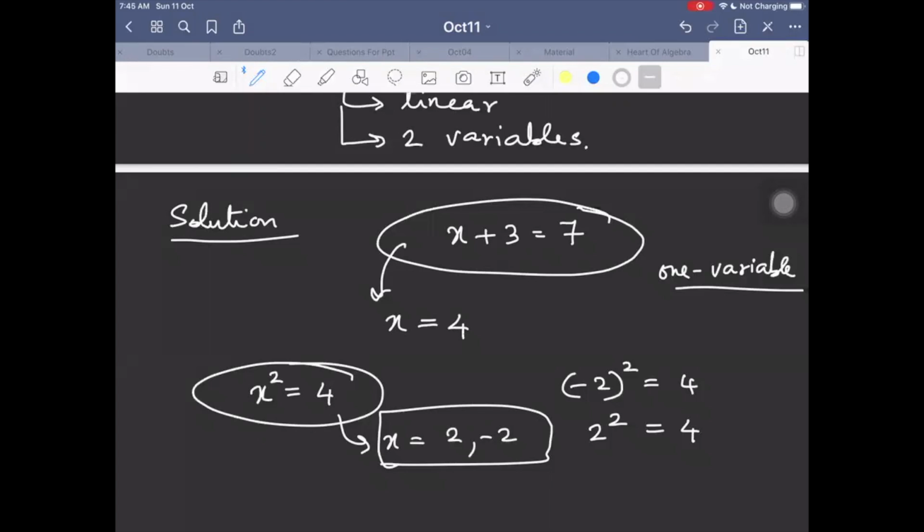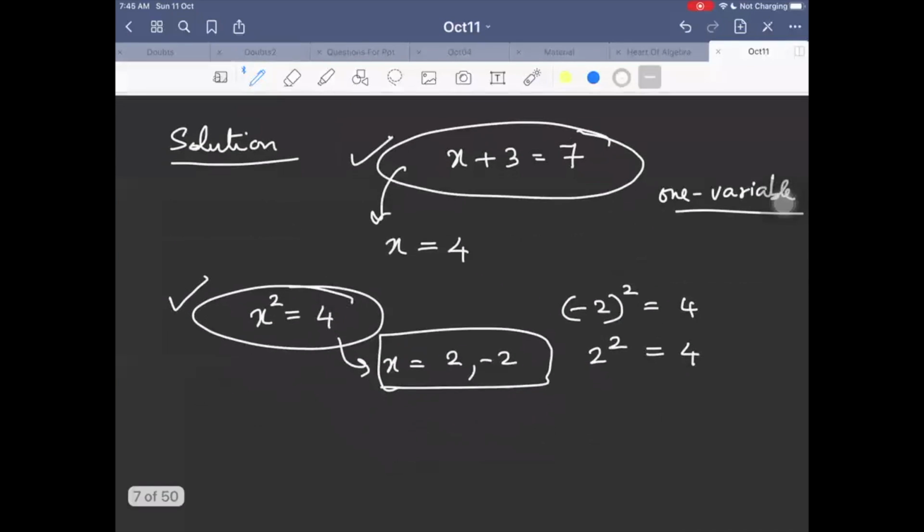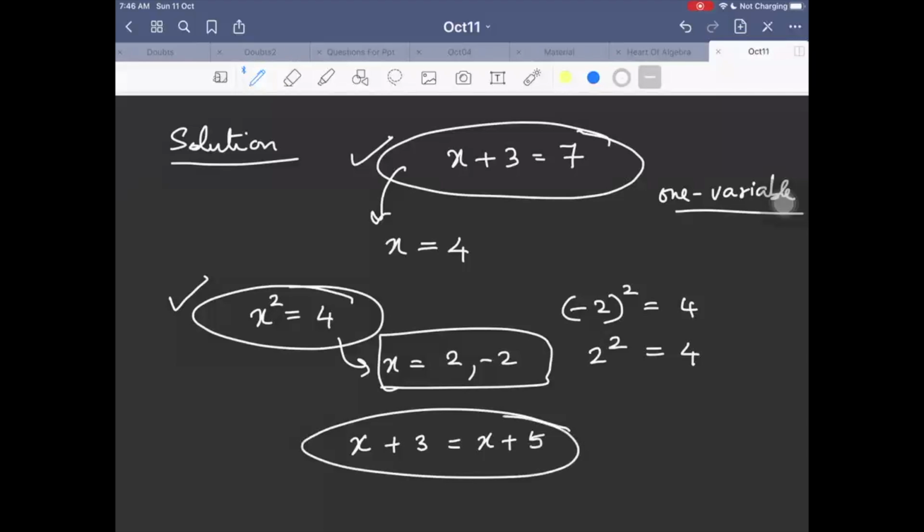So an equation can have one solution. It can have more than one solution. And an equation can have no solution. For example, if somebody tells you that x plus 3 is equal to x plus 5, what happens to this equation?